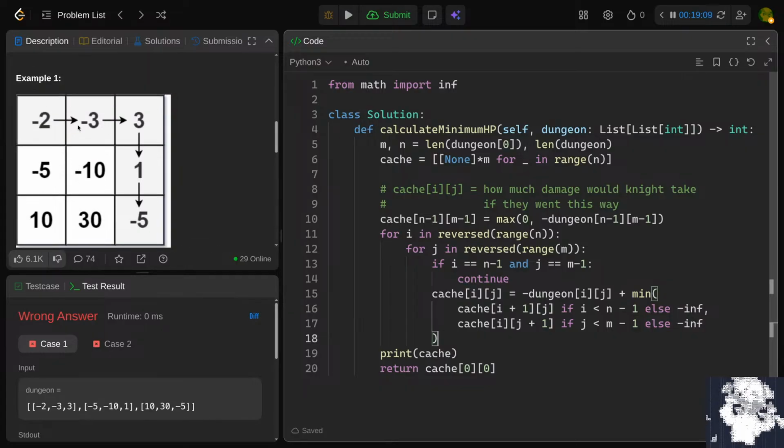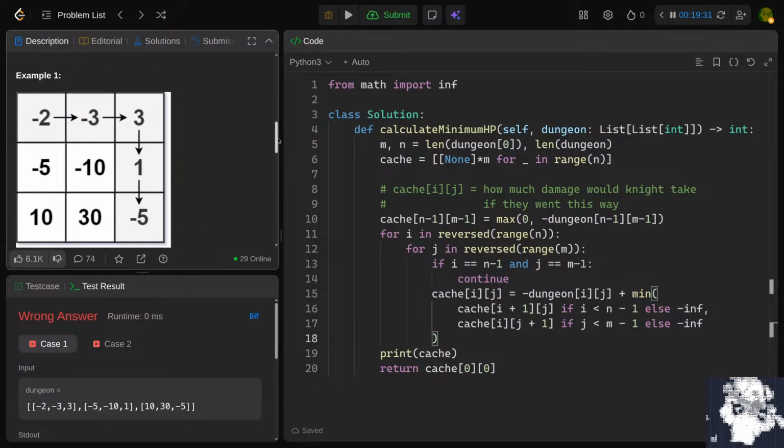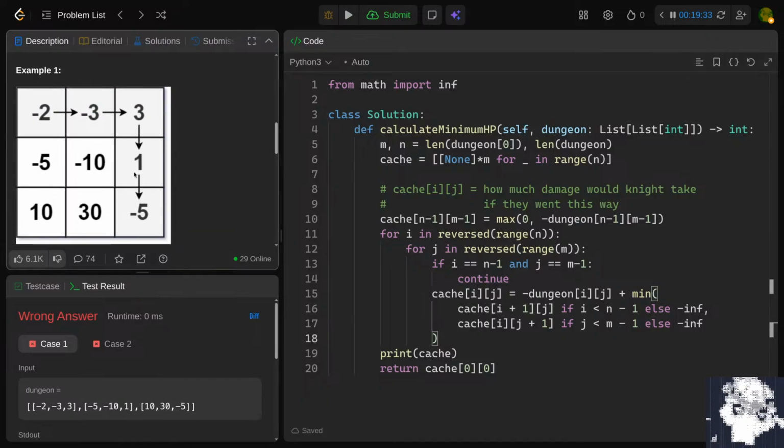Okay, and then at the end here, how much damage would I take? Yeah, okay. The only thing I'm missing here is the maximum, the cutoff at 0.